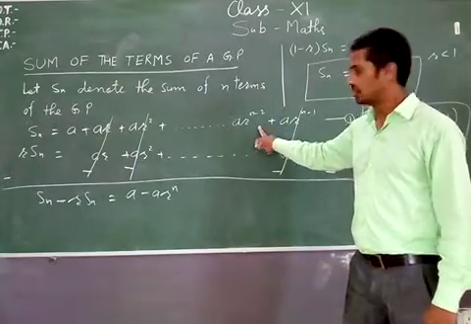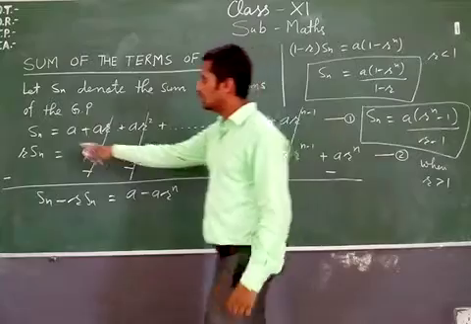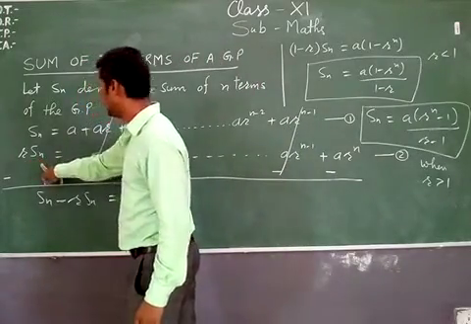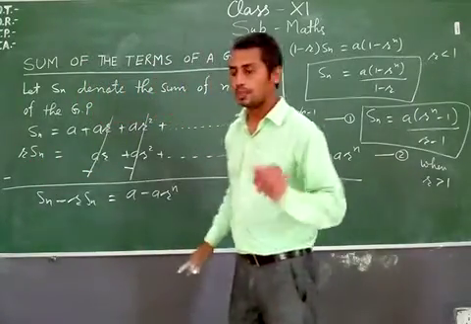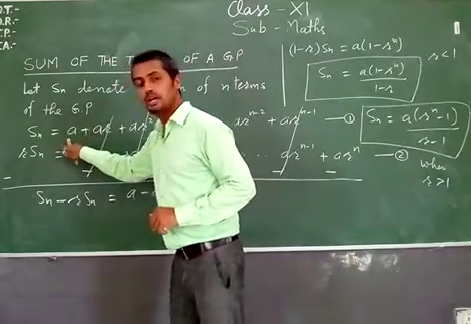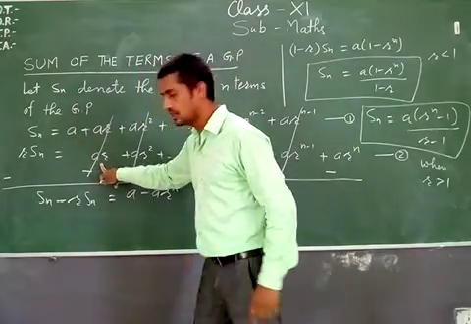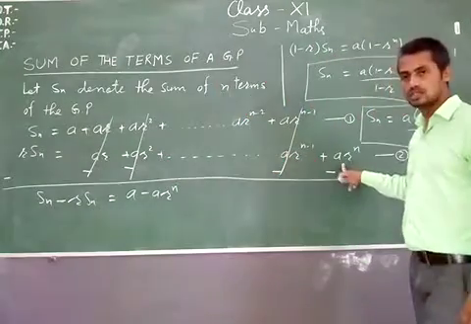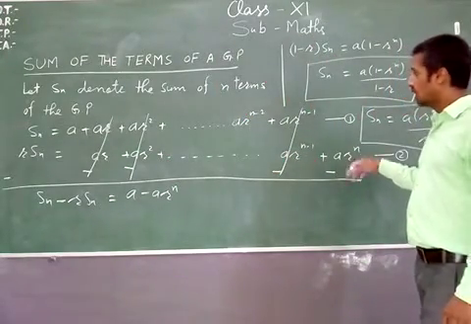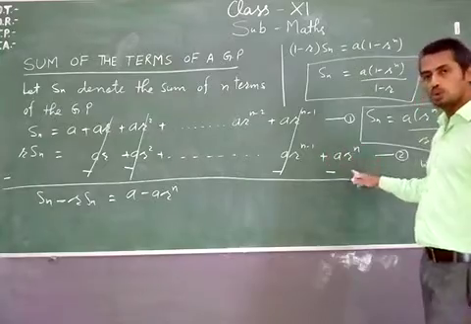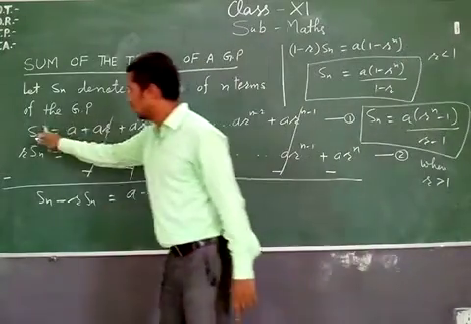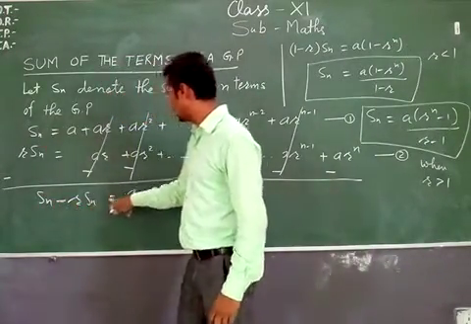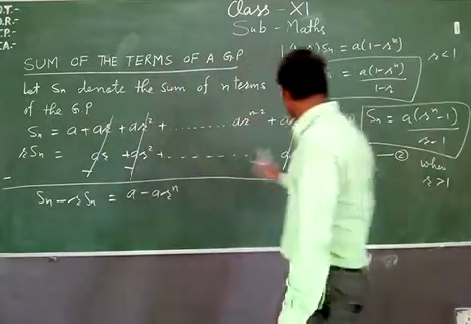Multiplying by r in equation 1, we can write r into Sn. First we can leave the first term, multiply by r in the first term, and write ar square up to the last term ar power n. Subtracting equation 2 from 1, we have Sn minus r Sn, the first term and last term.